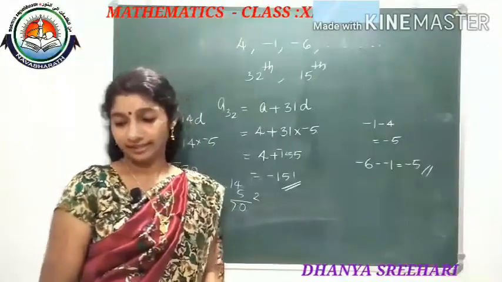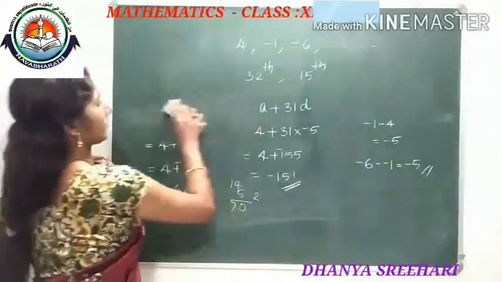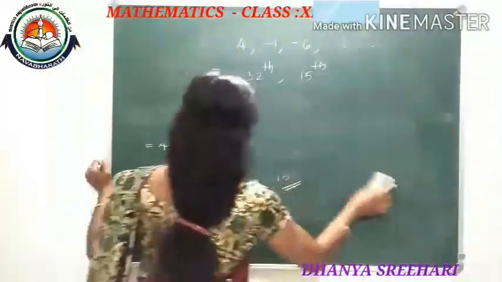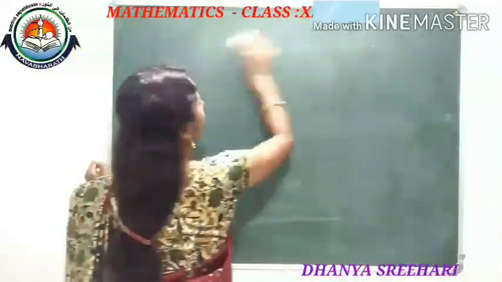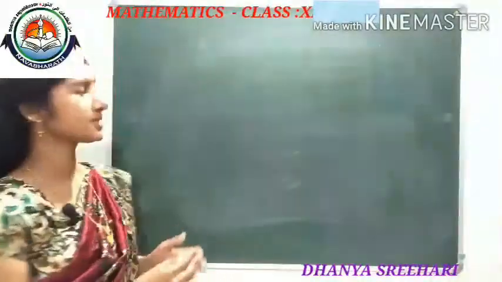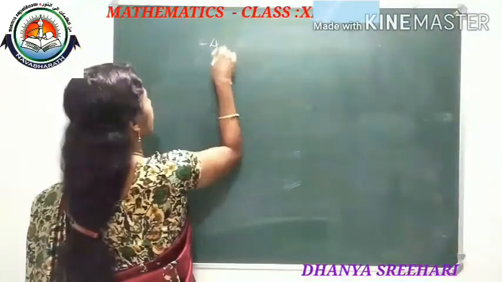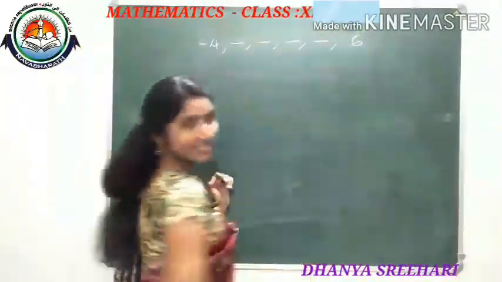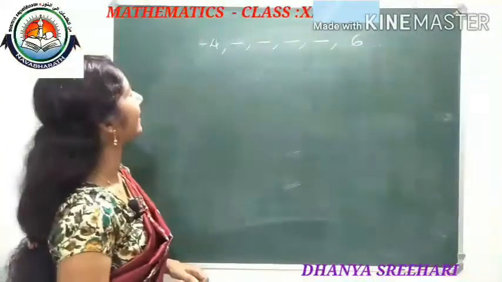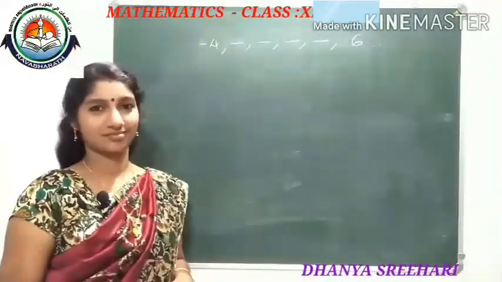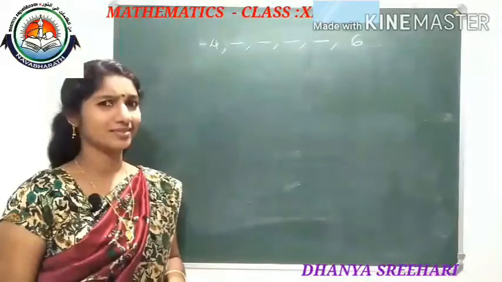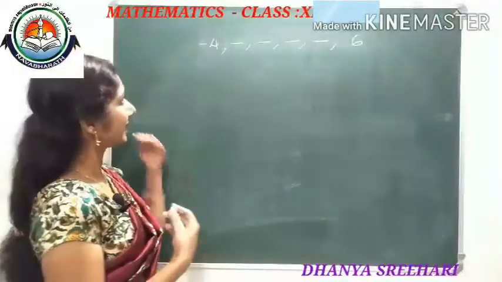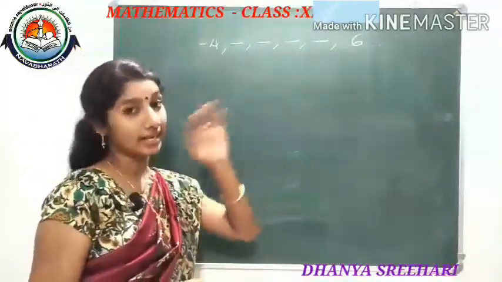Okay. Then one question is given like this: minus 4, blank, blank, blank, blank, 6. We need to find the missing terms. How will we find the missing terms? It is given that this is an AP.